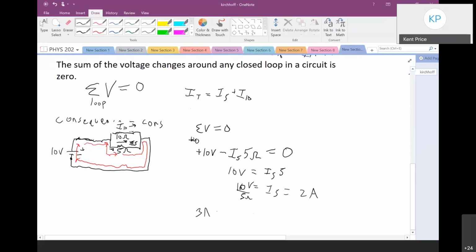So 3 amps equals 2 amps plus I10, or I10 equals 1 amp. That is Kirchhoff's rules.